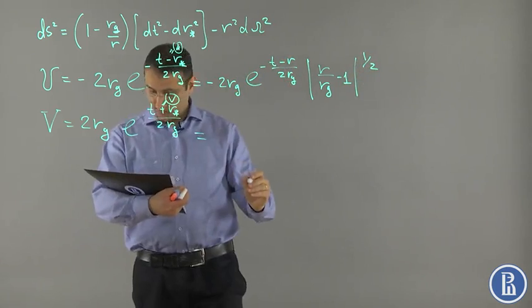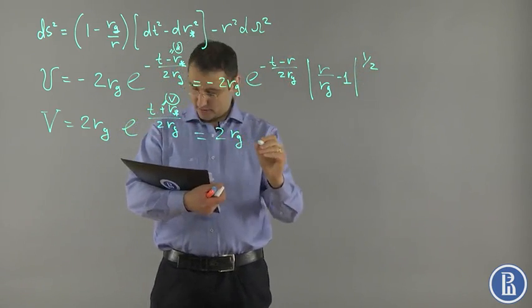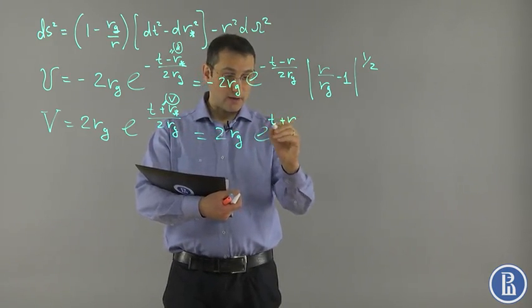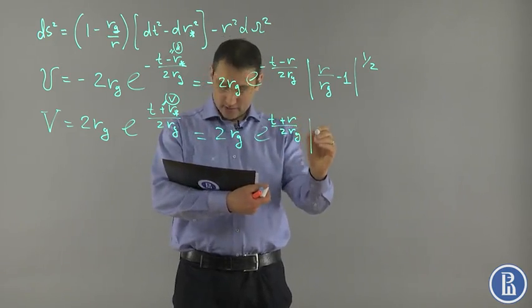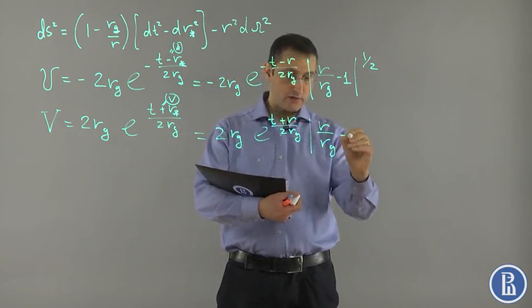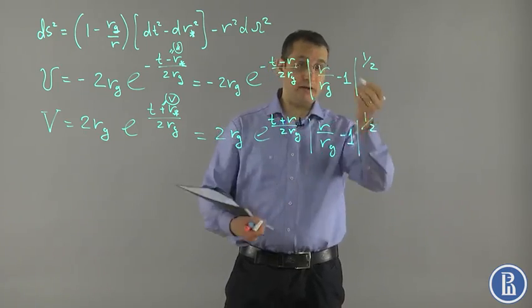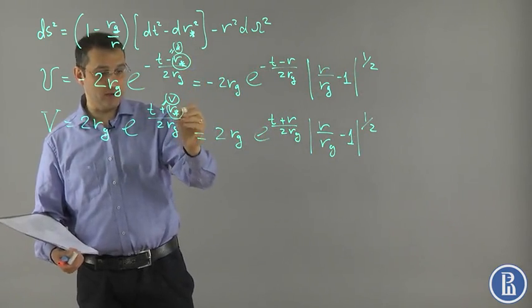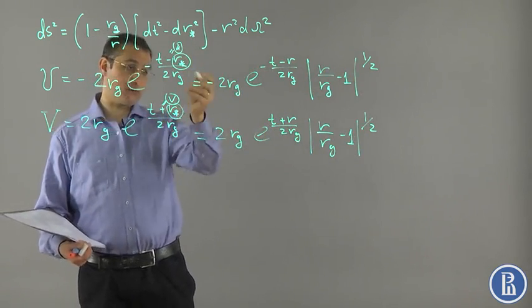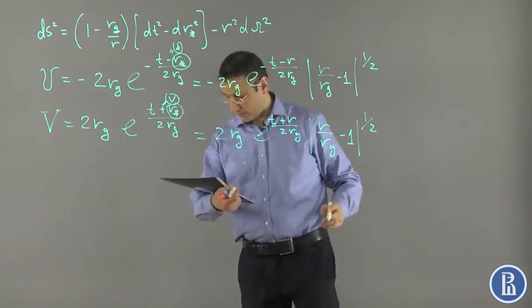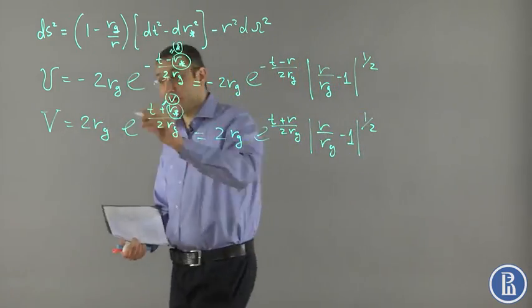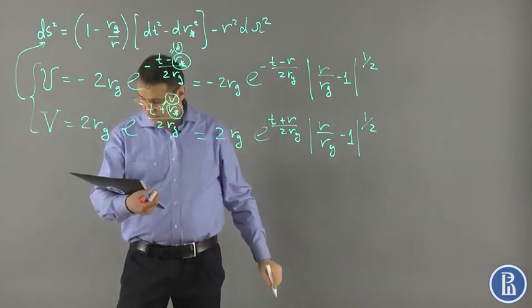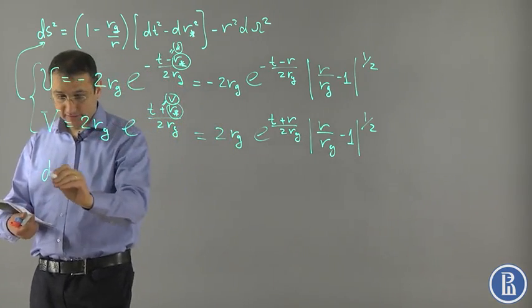And V would be 2rg times exponent of t plus r divided by 2rg, times r divided by rg minus 1 to the one half. This expression I have obtained just by putting in here and here the expression for r star through r. So if one makes this transformation in this metric, one would obtain the metric in this form.